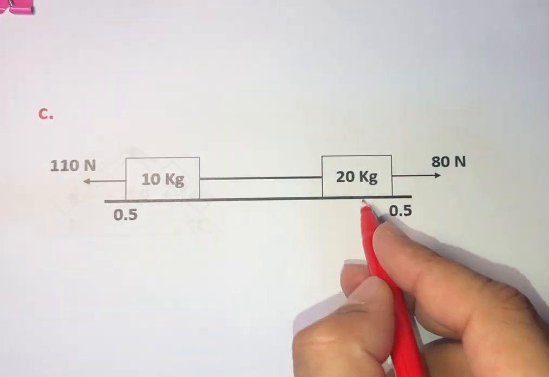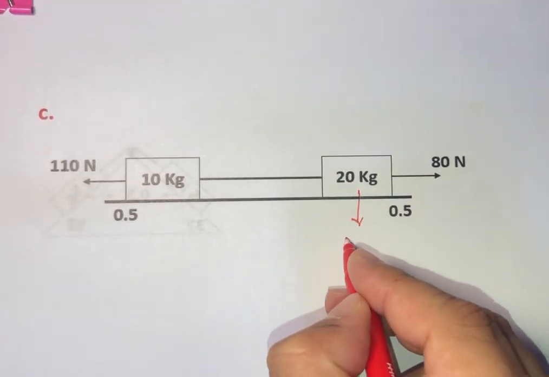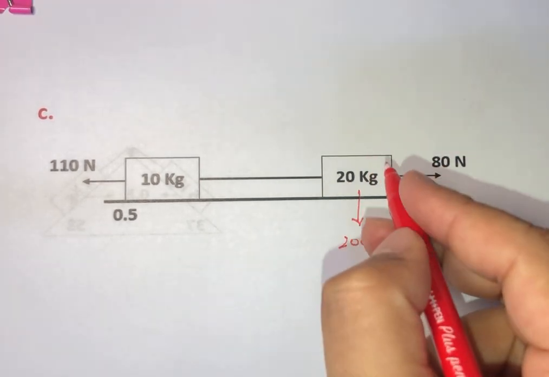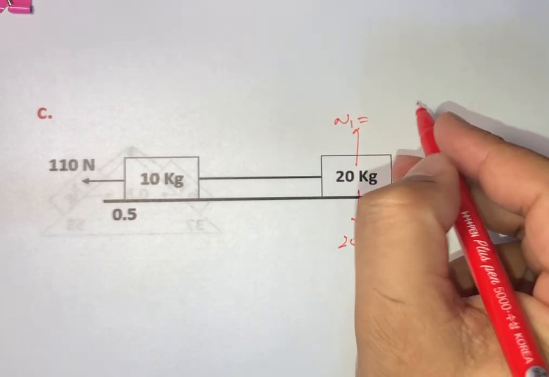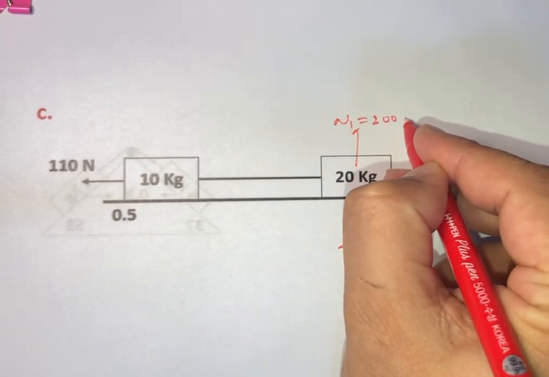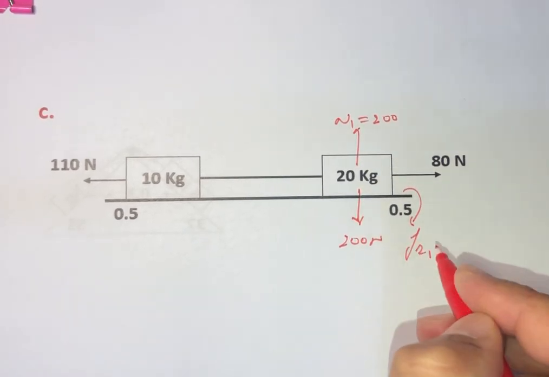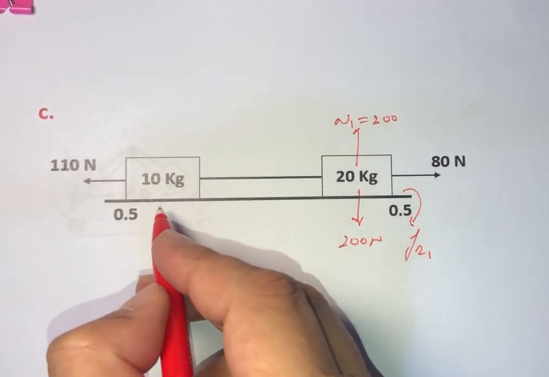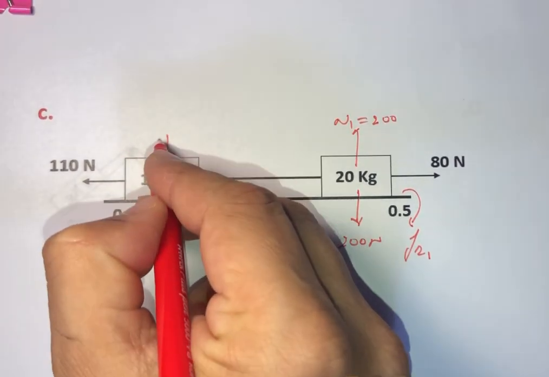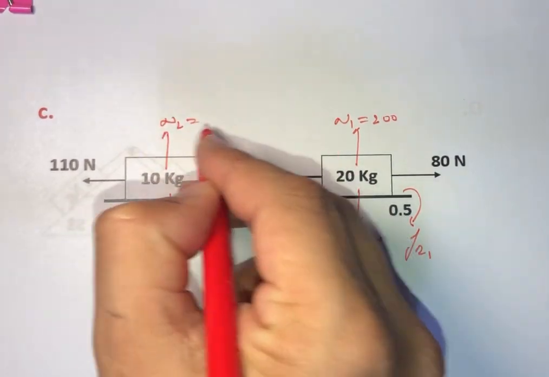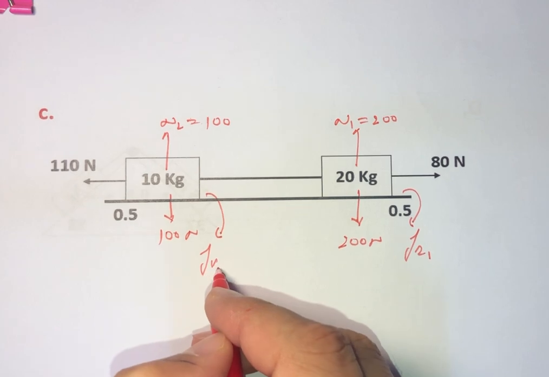You can say we have in the downward direction 20 Newton, and upward we have a normal N1 whose value will equal to 200, and let us say here the friction is given as FR1, and we have in downward direction here is 10 Newton, normal is N2 whose value will equal to 100, and the friction is given as FR2.